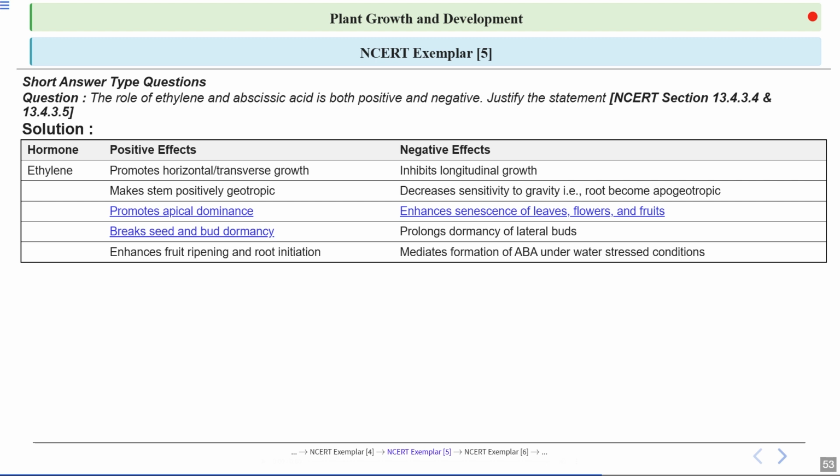Aging phenomena occurs due to this particular ethylene hormone. Prolonged dormancy of the lateral buds. Lateral buds become dominant and it mediates formation of abscisic acid under the water stress condition. When the water is not available in a proper condition, then it mediates the formation of abscisic acid.